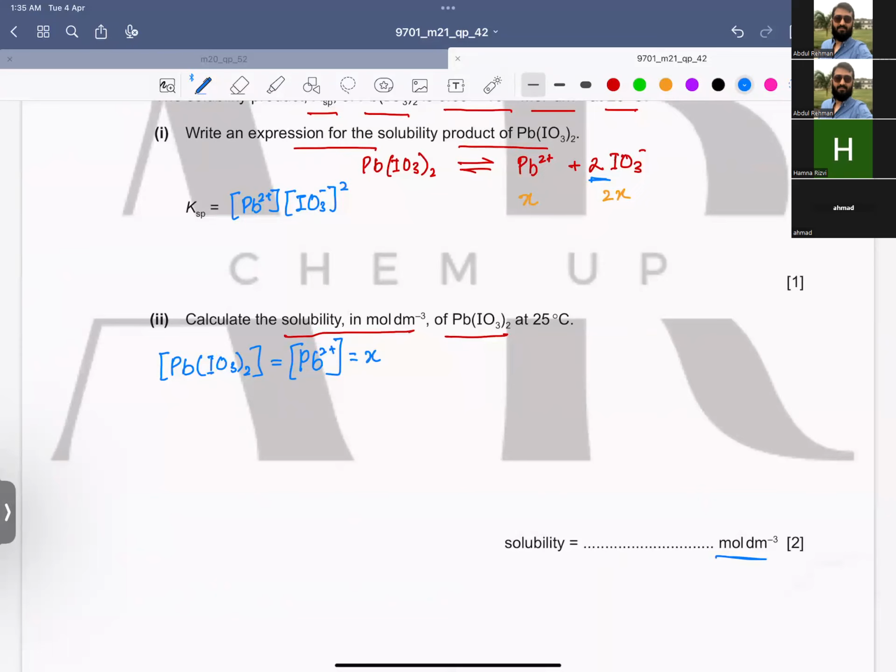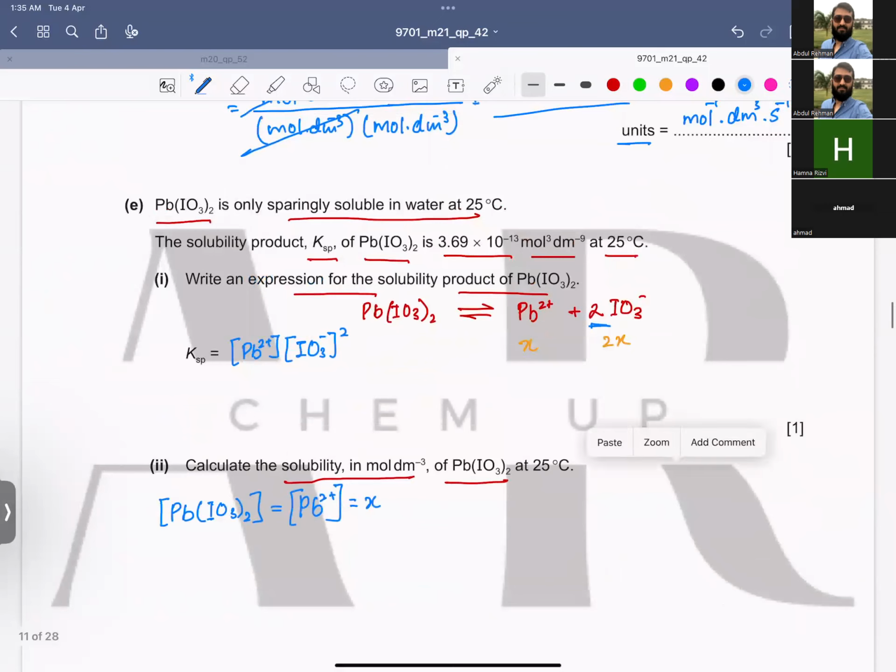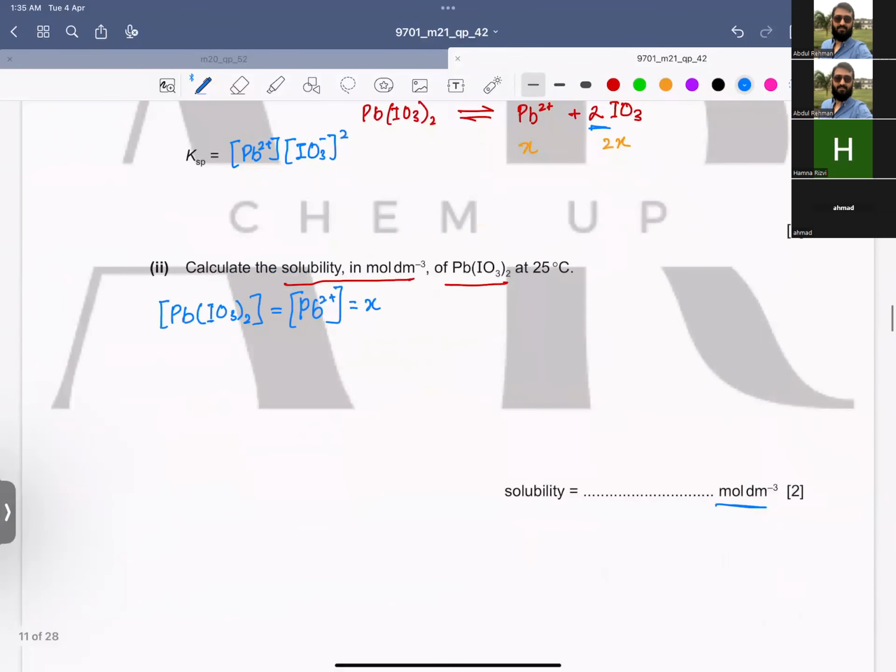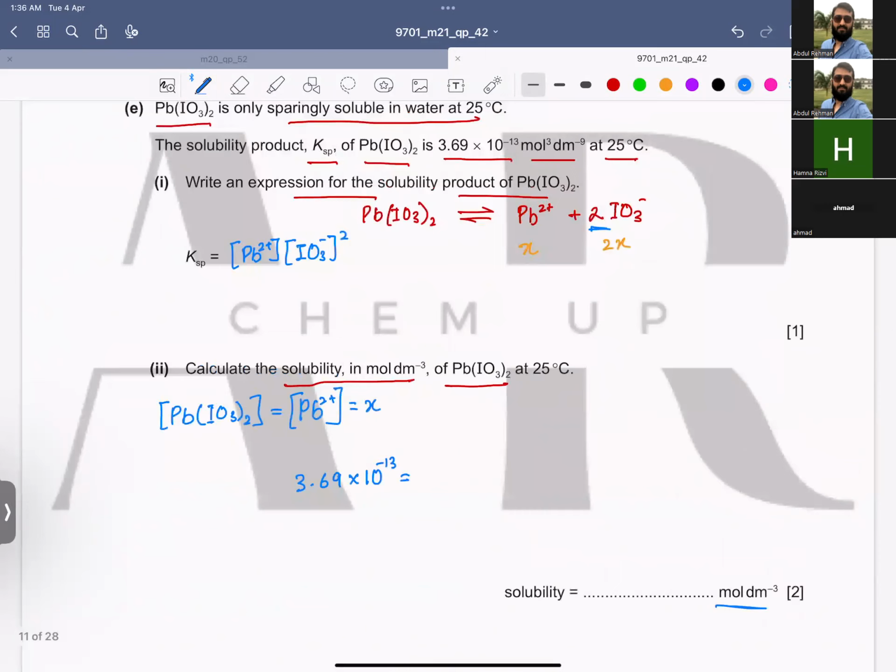So if we put these values in the Ksp expression, the value of Ksp is 3.69 × 10^-13. So 3.69 × 10^-13 is equal to x, that is the concentration of lead, times 2x, that is the concentration of iodate, raised to the power 2, which would become 4x cubed.